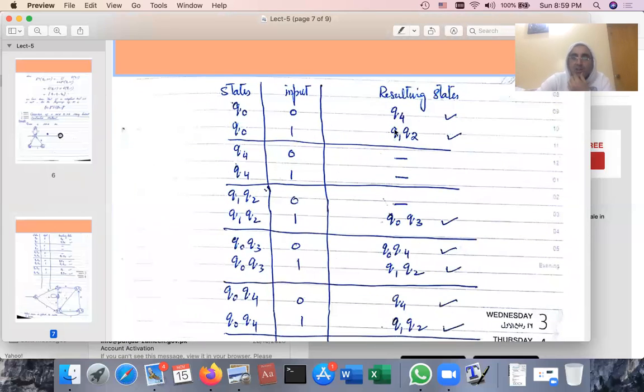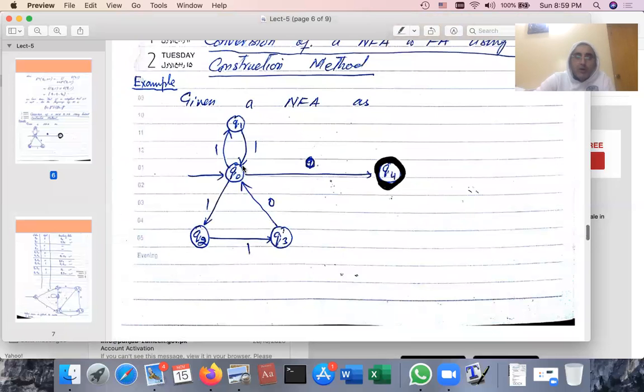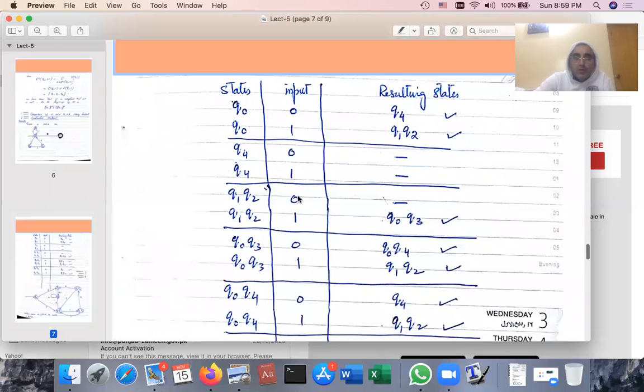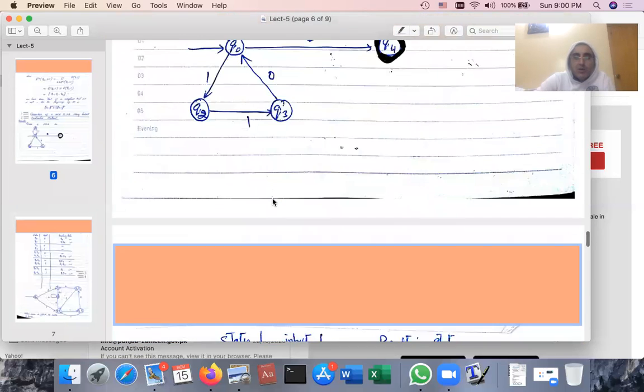Now this pair Q1, Q2, with 0 and with 1. You have to check Q1 with 0, and then Q2 with 0, and then you can end up with some new pair. Q1 with 0, I don't have any edge. Q2 with 0, I don't have any edge either, so there is a null here.